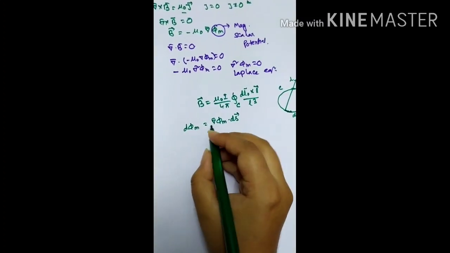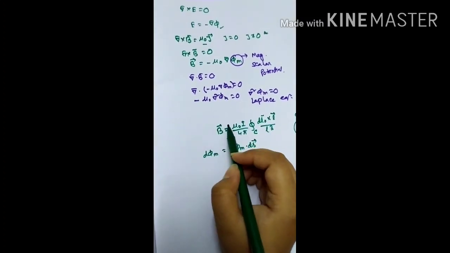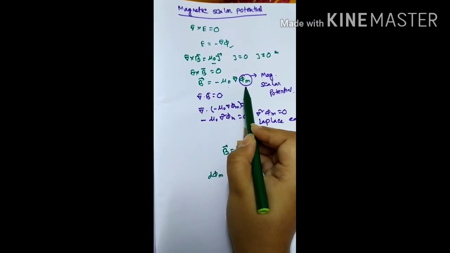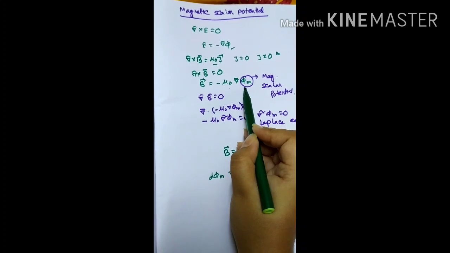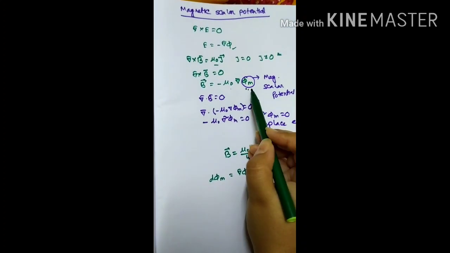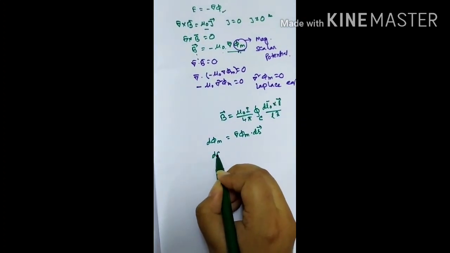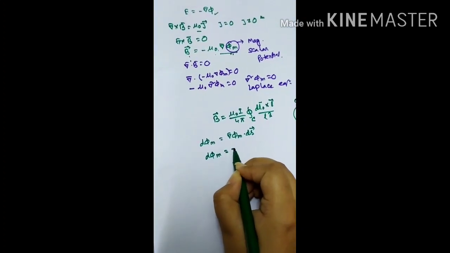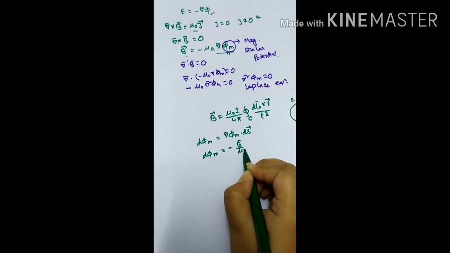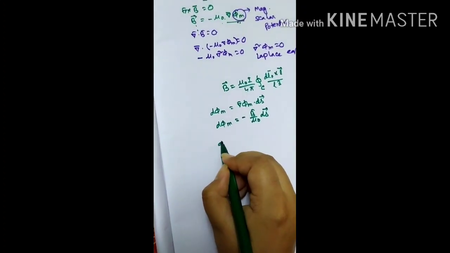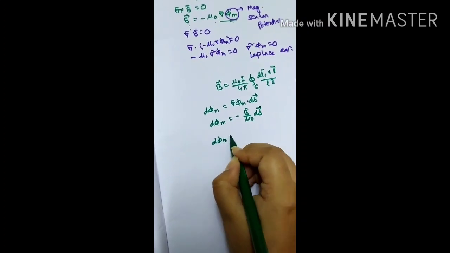Now we know that B equals minus mu 0 grad phi m. So from here grad phi m equals minus B by mu naught. So we can write d phi m equals minus B by mu naught dot ds.